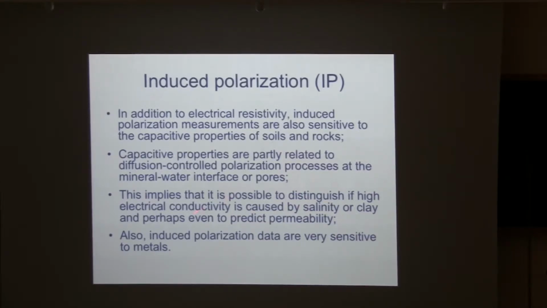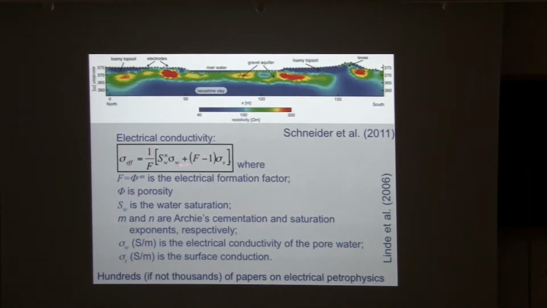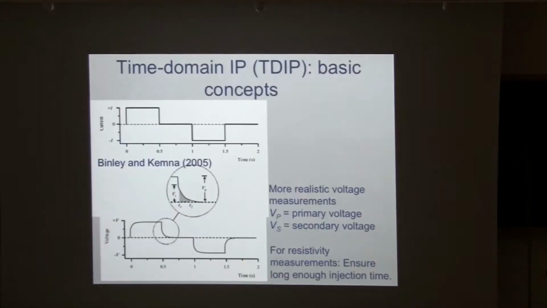But it has a very nice feature here, because with the electrical conductivity, you cannot distinguish between something that is saline or something that is clayey. When you use IP, you're going to get a strong IP response if you have a high specific surface area. So in this way, you will be able to say something about a high conductivity being due to salinity or clay, and that's of course important in a contaminated site investigation.